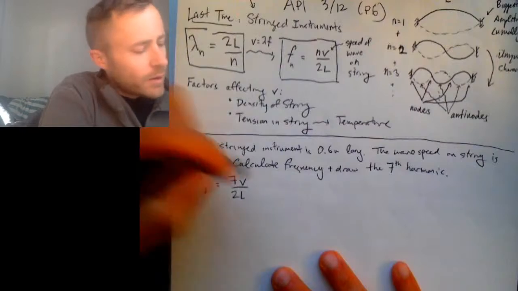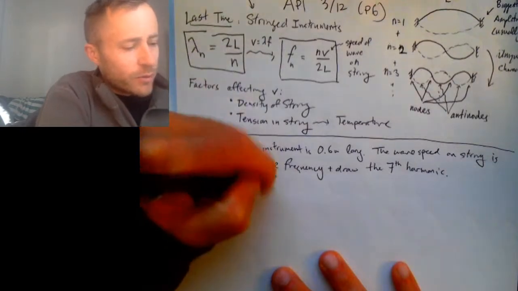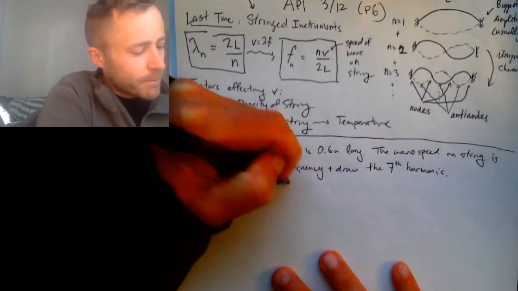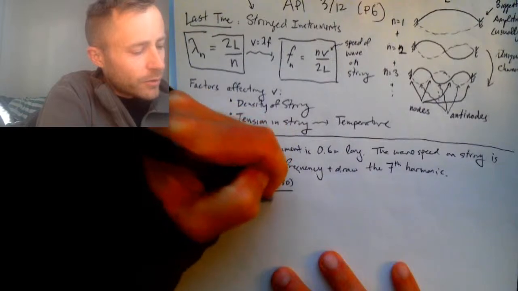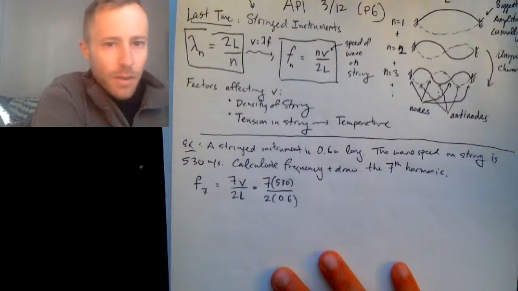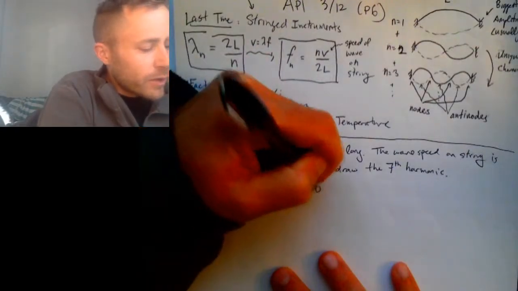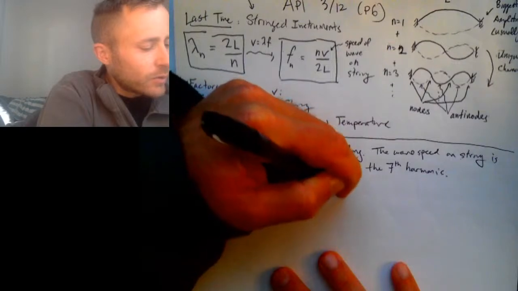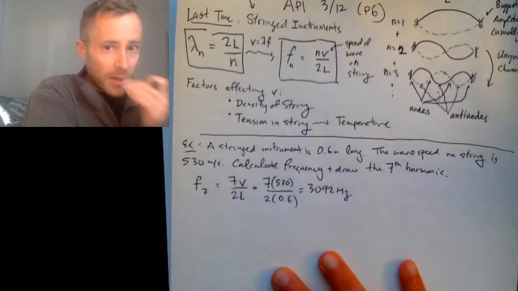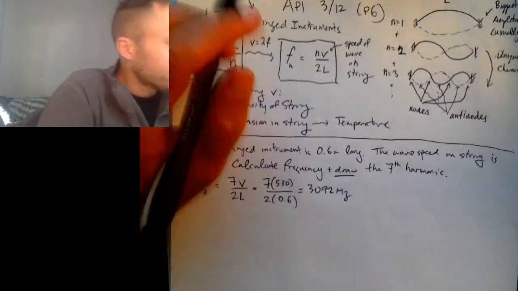All right. And then we would have 7 times the wave speed, which is 530, over 2 times the length of the instrument, which is 0.6. All right. So if you work that out, you get 3092 hertz.